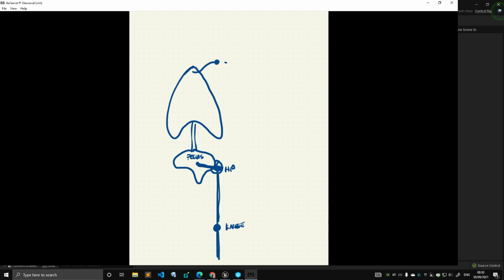when it comes to the arm, we have upper arm, lower arm, and then the hand. Let me draw a foot here, foot.